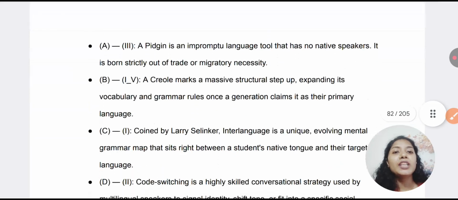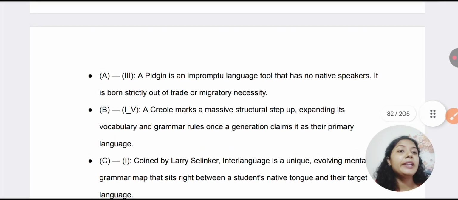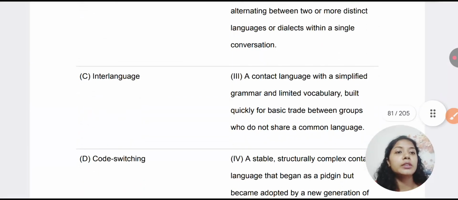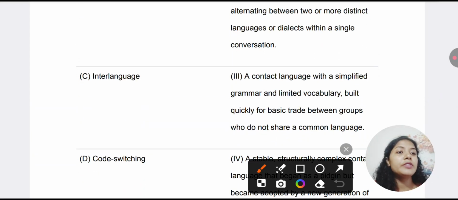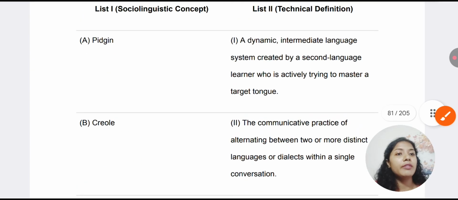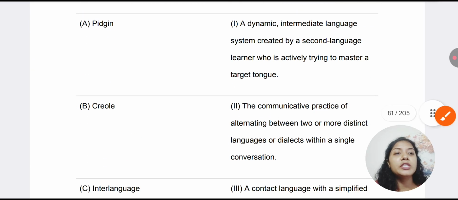So you can match A with the third, that begins as an impromptu language. A you can match with the third. It is a contact language with a simplified grammar and limited vocabulary, built quickly for basic trade between groups who do not share a common language. Okay, we have understood this a few moments back.